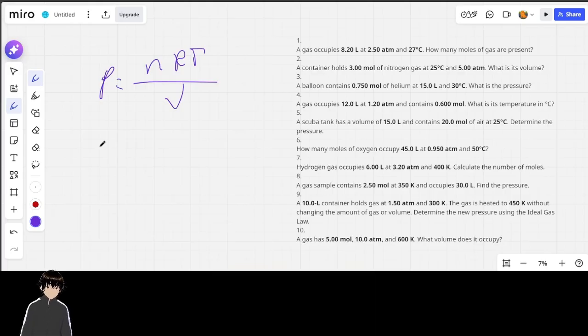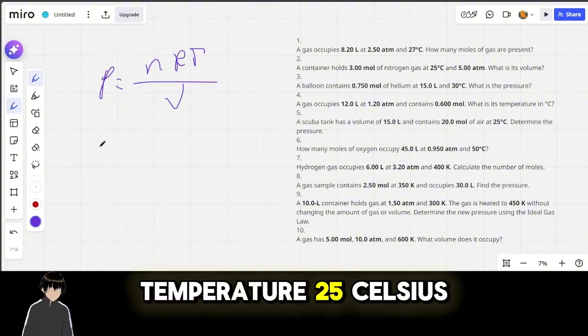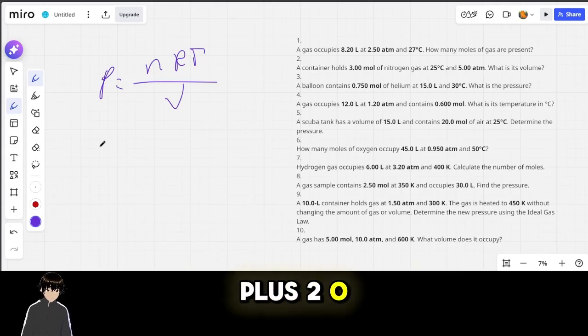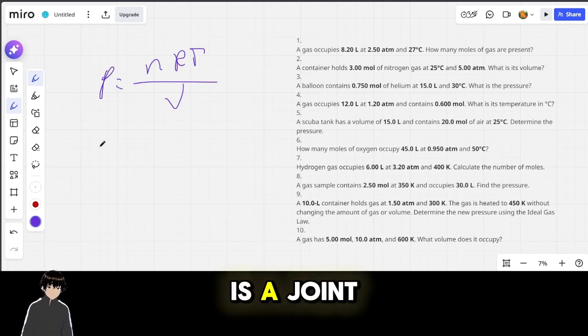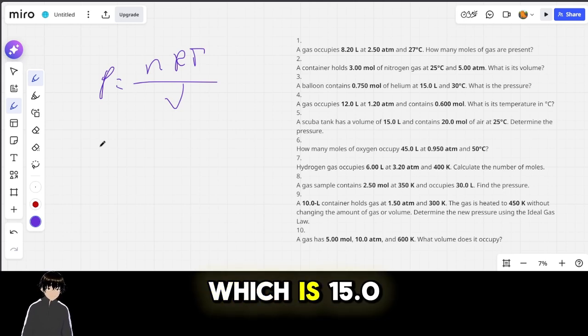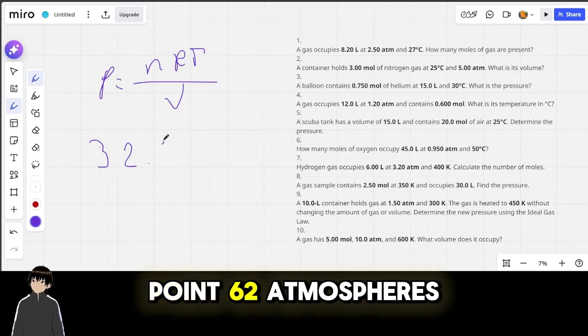20.0 moles times 0.08205 times T, which is temperature, 25 Celsius plus 273.15, over V, which is the volume, 15.0 liters. So we're just going to get 32.62 atmospheres.